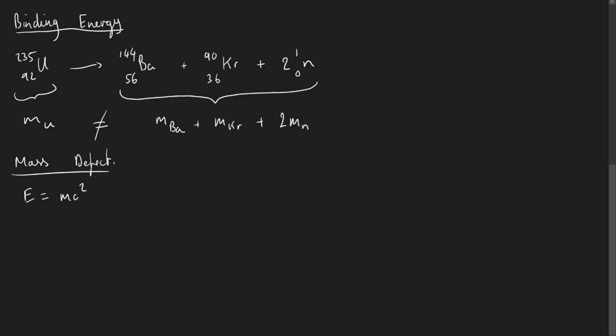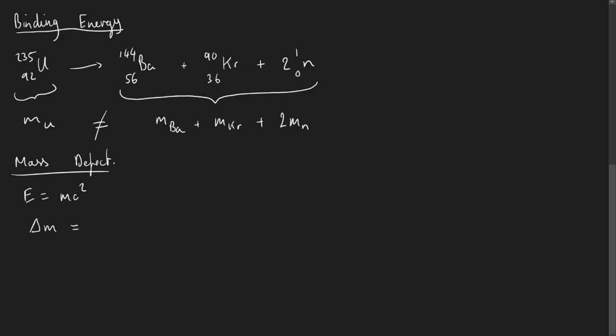What this means is I have less energy in barium and krypton and a neutron individually than I do in a single nucleus of uranium. So I can calculate the mass defect, which is basically the change in mass of these things.